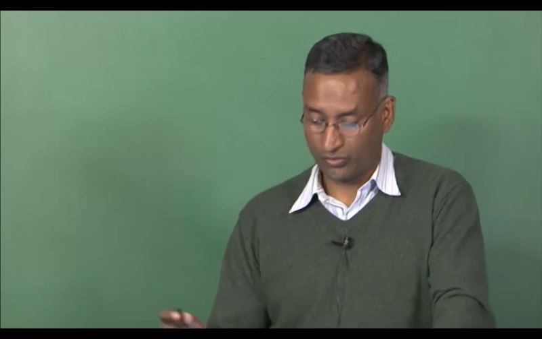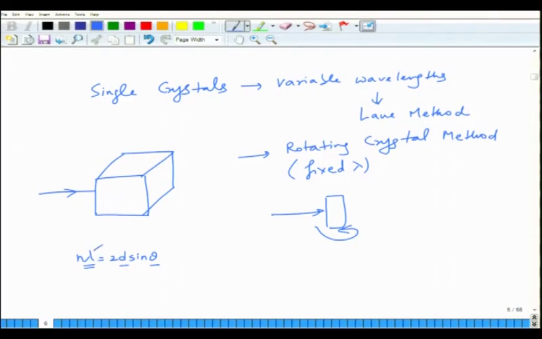And there is no guarantee that all the planes will diffract, because there are very few orientations available. So, that is why you need to vary lambda. If you do not want to vary lambda, then you need to create more opportunities for theta, which means you need to rotate the crystal, okay, for diffraction to occur, so that you can get some data out of it.